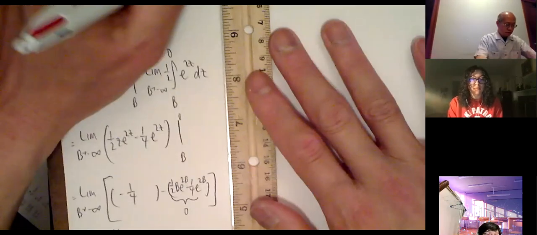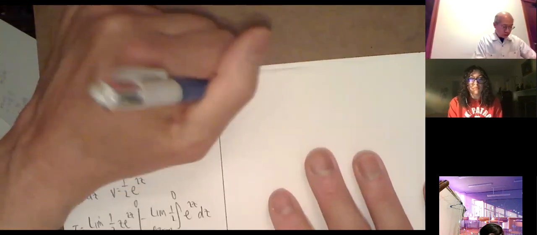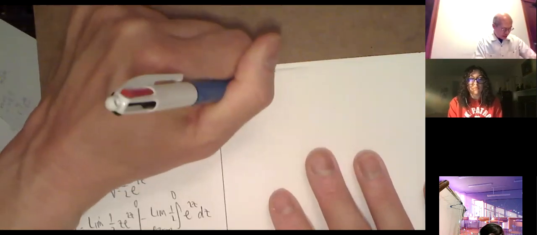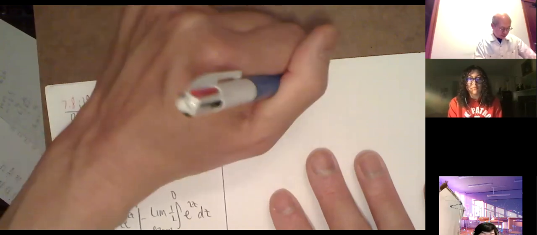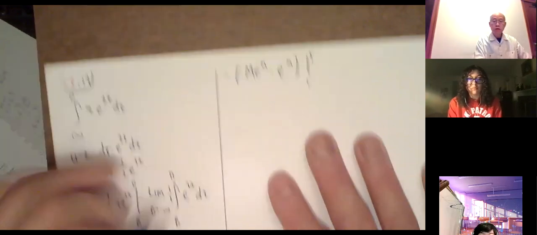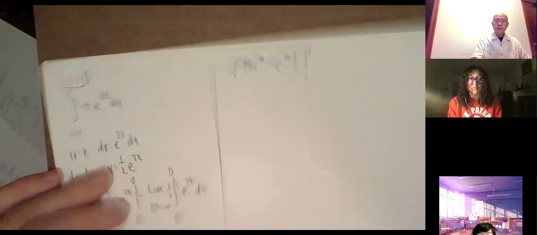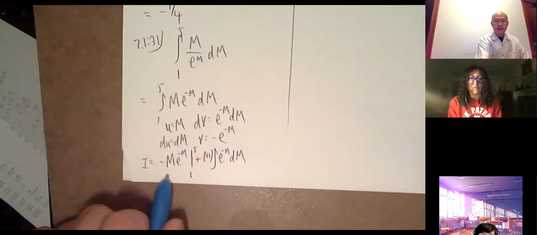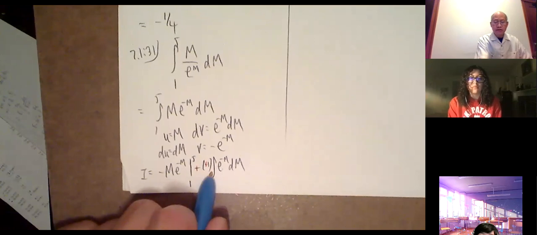Okay. So negative m e to the negative m minus e to the negative m from 1 to 5. Okay, negative m e to the negative m, and the integral of e to the negative m is negative e to the negative m.